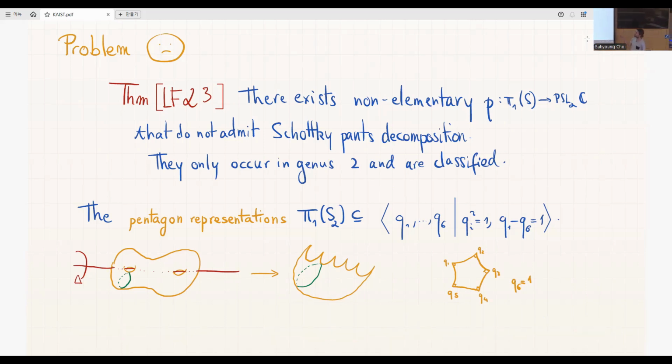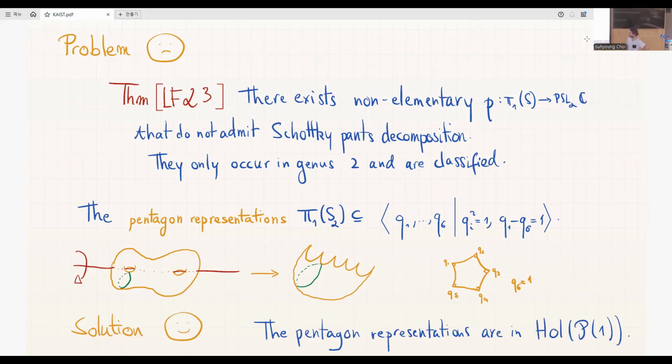So, we had a problem because we had a proof, but basically a counterexample to one of the steps. But actually, it's okay because these counterexamples are well controlled. We understand them completely, and so we can give an ad hoc proof for those. So this theorem of Gallo, Kapovich, and Marden is totally fine, because we show that those representations are holonomies of projective structures with a branch point.